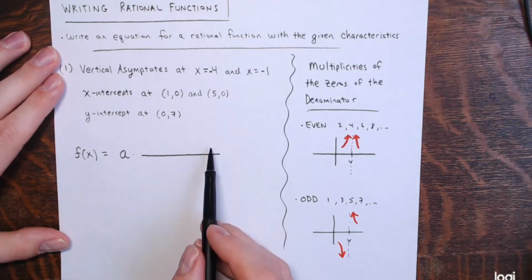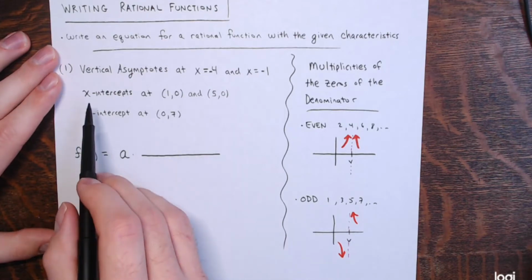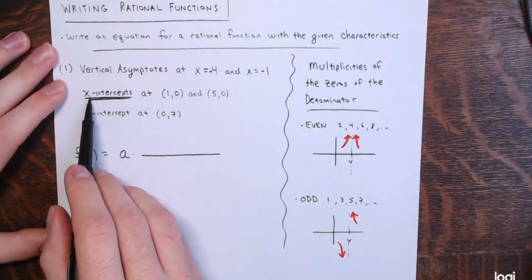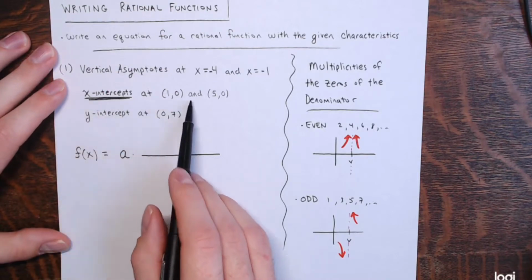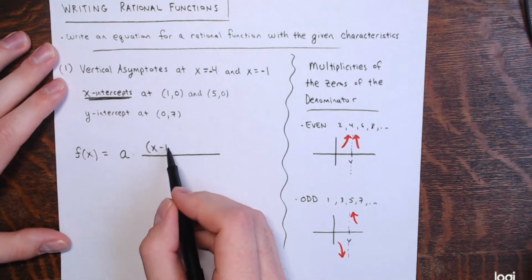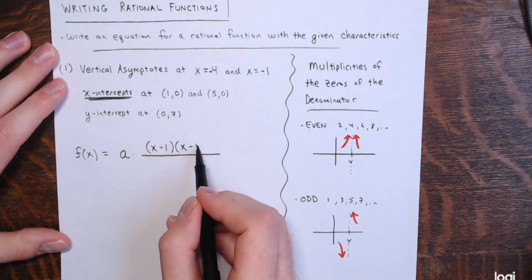In the numerator is where your x-intercepts come into play. The function here has x-intercepts at (1, 0) and (5, 0). So the numerator is going to have a factor of x minus 1 and x minus 5.